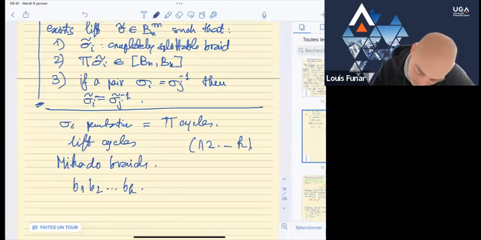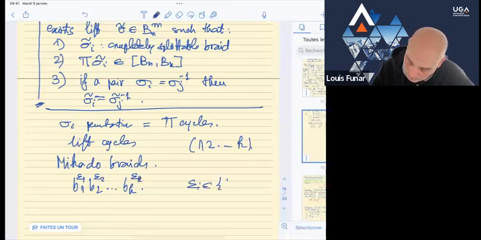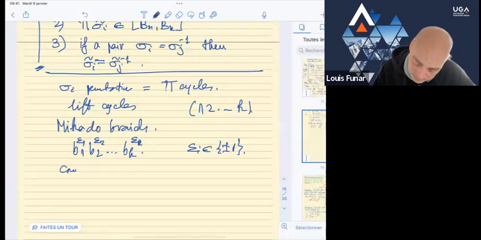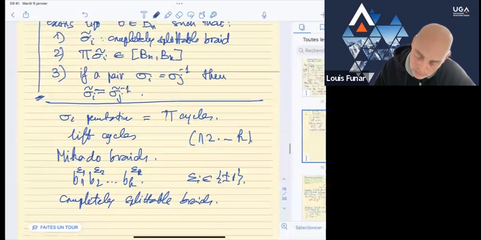Actually what I have to put here is epsilon 1, epsilon 2, ..., epsilon k, and if epsilon I belongs to plus or minus 1, then there is always a way to make the arrangements such that these become completely splittable. They are always completely splittable braids, but you can arrange them to satisfy this condition and the third one.